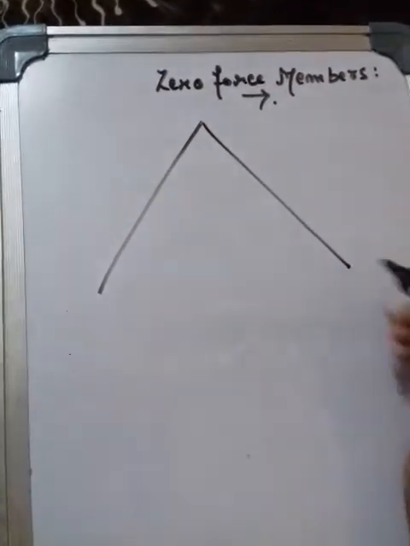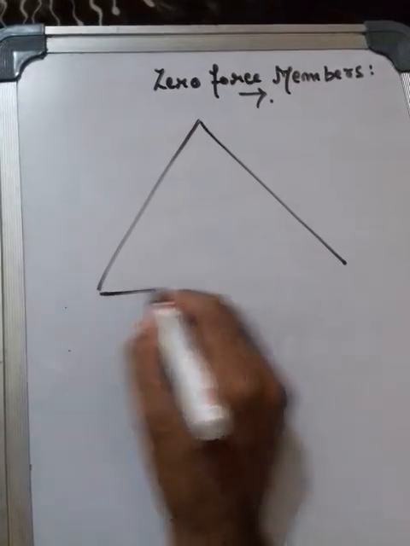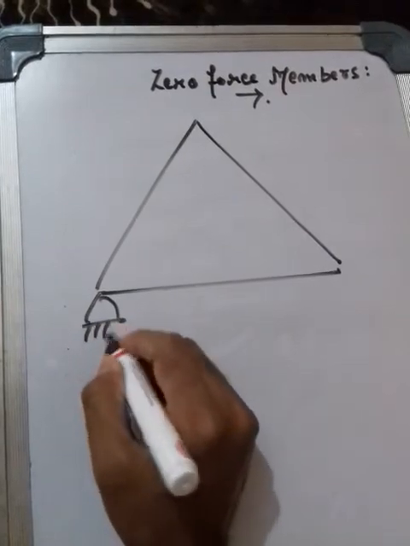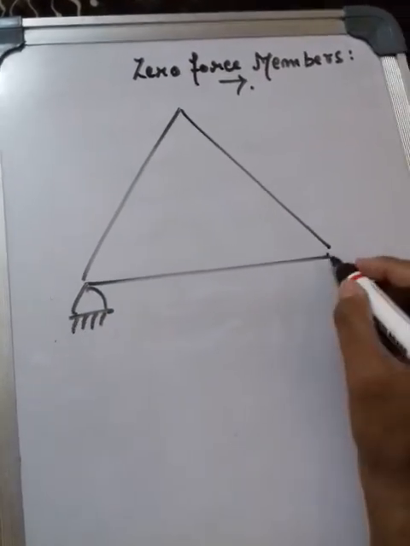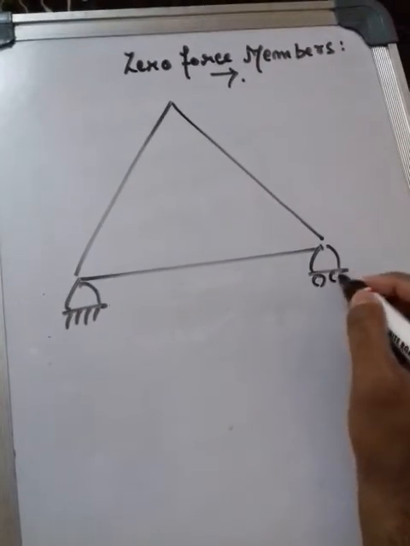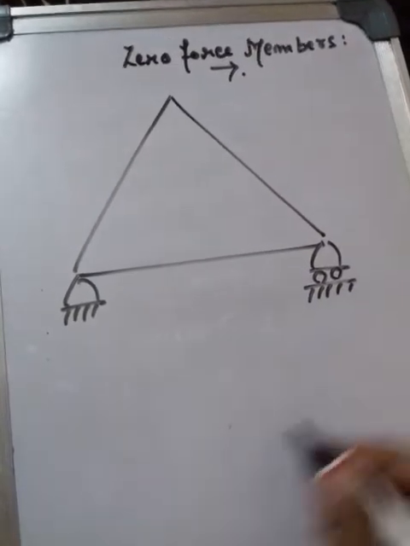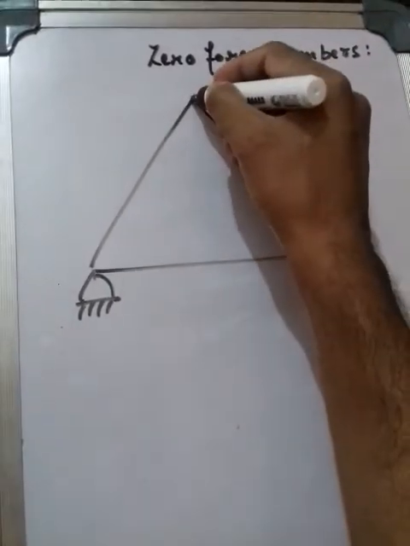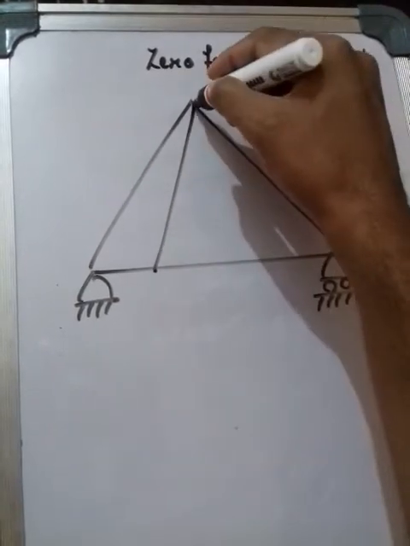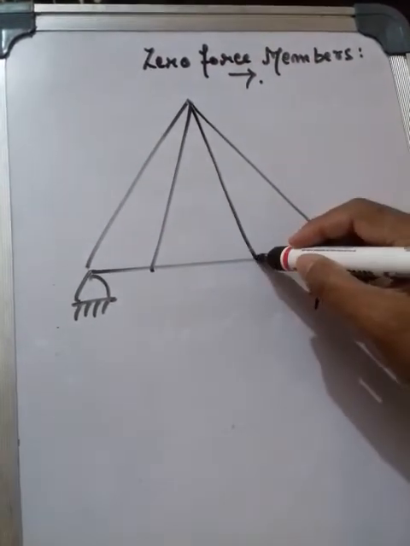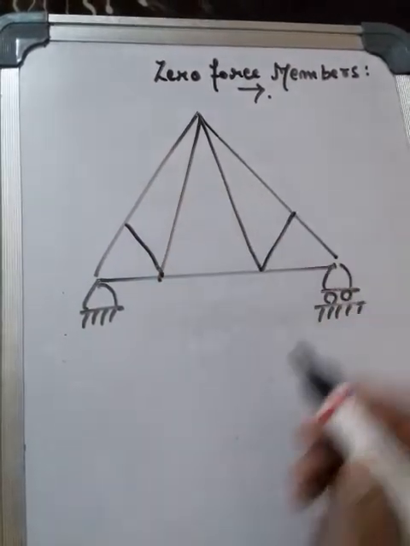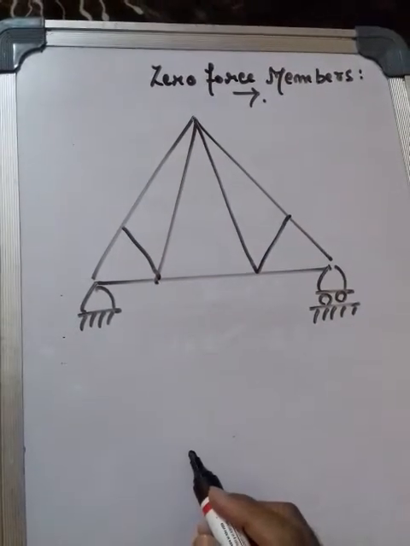Suppose this is a truss. Some supports are given, and these are the members.